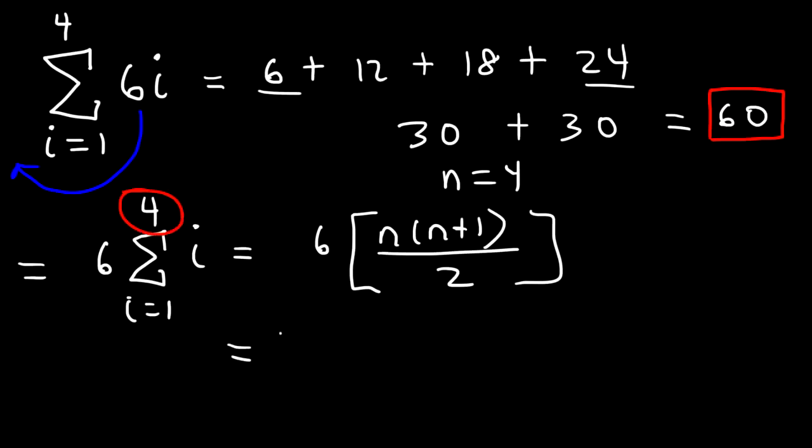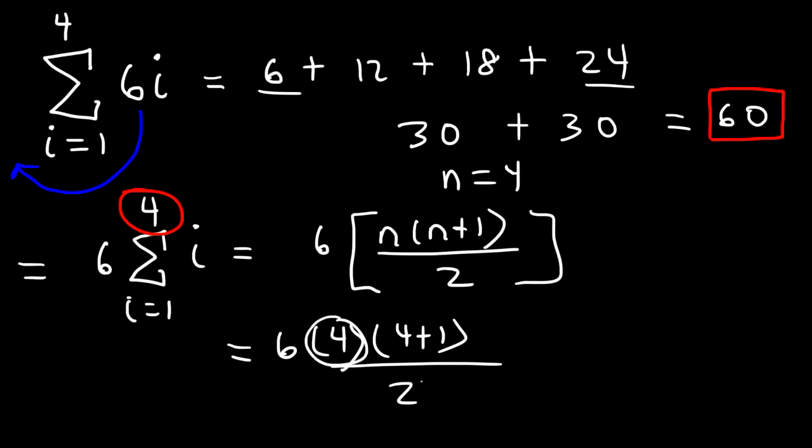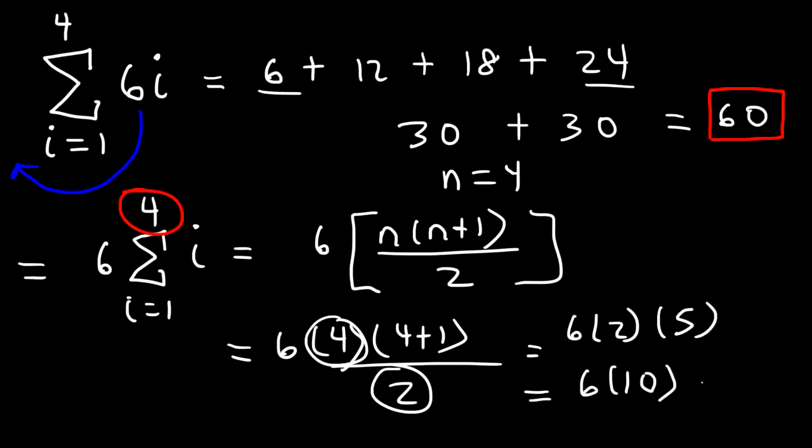So that's 6 times 4 times 4 plus 1, all divided by 2. Now 4 divided by 2 is 2, and 4 plus 1 is 5. 2 times 5 is 10, and 6 times 10 is 60. So in the end, we get the same answer. That's how you can use the formula to evaluate that particular sum.